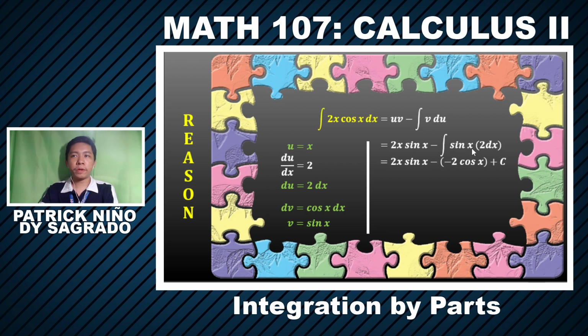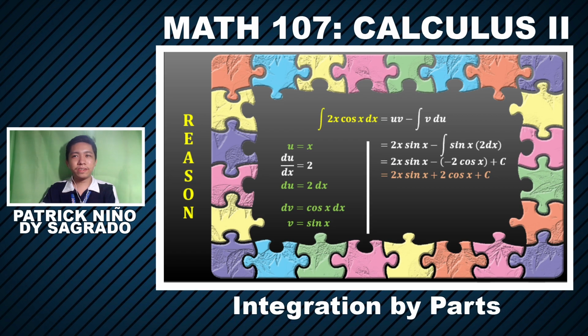Then we had the remainder of sine x dx, and now we have negative cosine x multiplied by 2, and thus we have this. Then we can simplify further to 2x sine x plus 2 cosine x plus c. Very good, everyone, that you have gotten the correct answer for this integral.